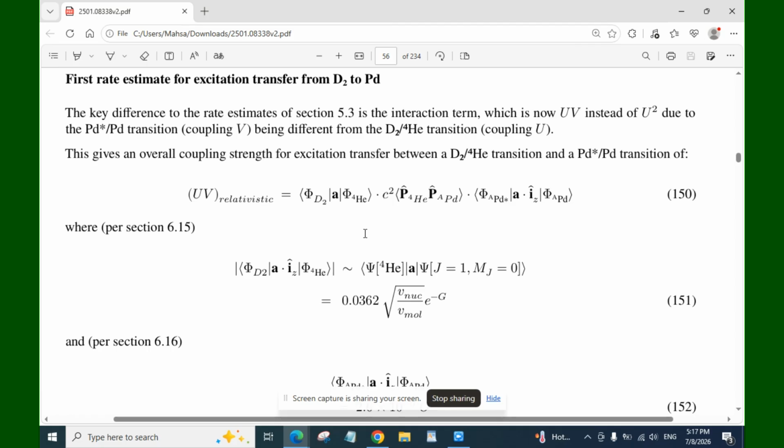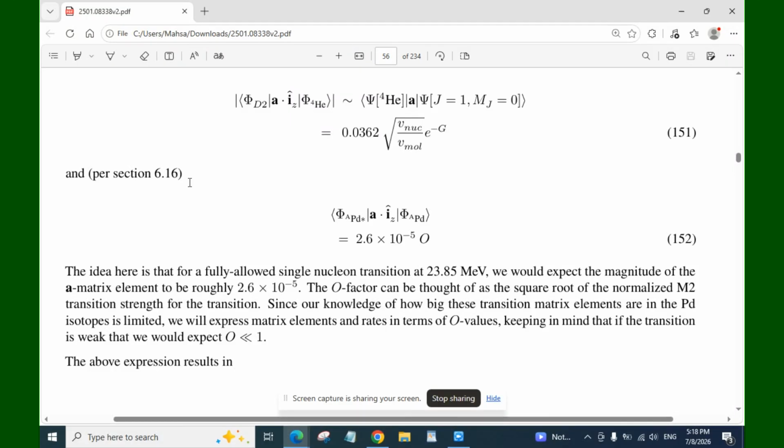UV relativistics is equal to phi deuterium absolute R phi helium-4 multiplied by 6 to the power of 2 phi helium-4 phi palladium R multiplied by phi palladium star R absolute R multiplied by IZ phi I palladium, where per section 6.15 absolute phi deuterium absolute IZ phi helium 4 is equal to zeta helium 4 or zeta j is equal to 1 and j is equal to 0, which will be concluded to near 0.0362 square root nu nuclear divided by nu molar e to the power of minus g.